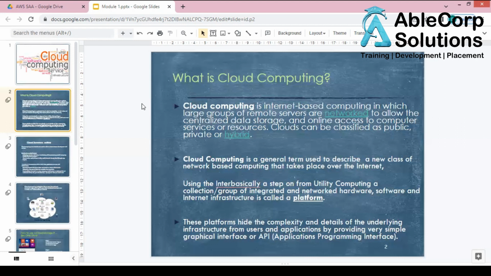So that is why people came up with the idea of cloud computing: I'll make data centers, and in the data centers I'll provide all the computers, and those computers can be shared across the public. So sitting anywhere in the world and doing your computational work, that is the ability of cloud computing.